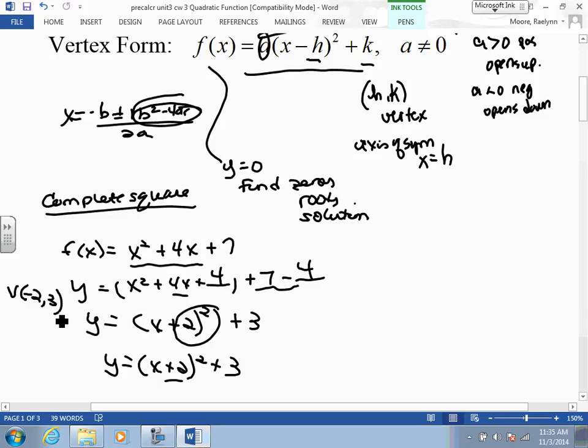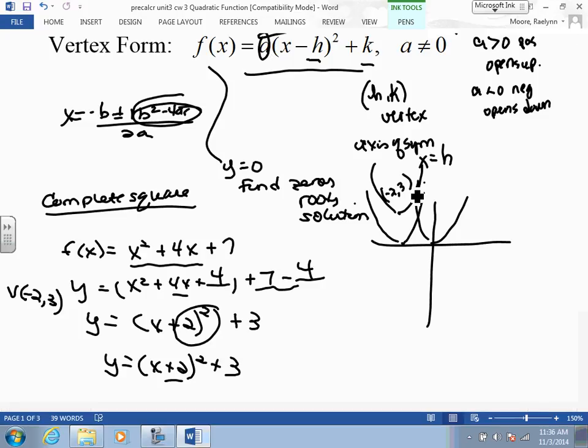If you were going to graph this, guys, you would say, start here, here's my core graph, I would move this to the left 2, and then where would I move it? Up 3. There's your transformations, there's your vertex. There's your vertex point, -2, 3. It fits this format, H, K. There's H, there's the K. Remember the H has a negative in front of it. Okay?